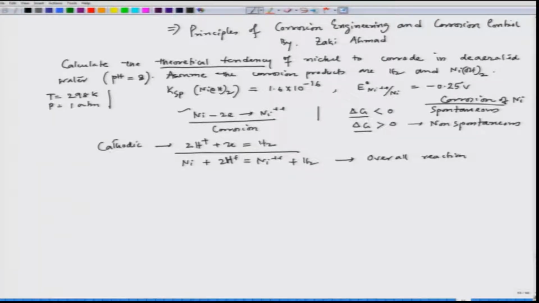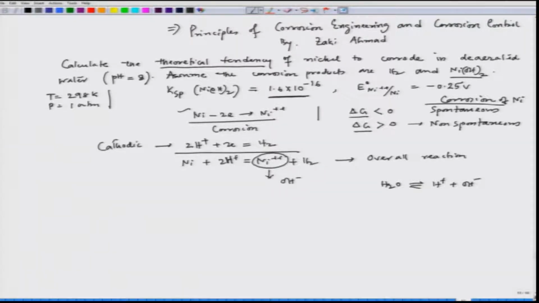But in addition to this, we see that Ni(OH)2 is forming and it has a very low solubility product. So, this Ni2+ will react with the OH minus that is already there in the water system, because water also dissociates: H2O goes to H+ plus OH minus.